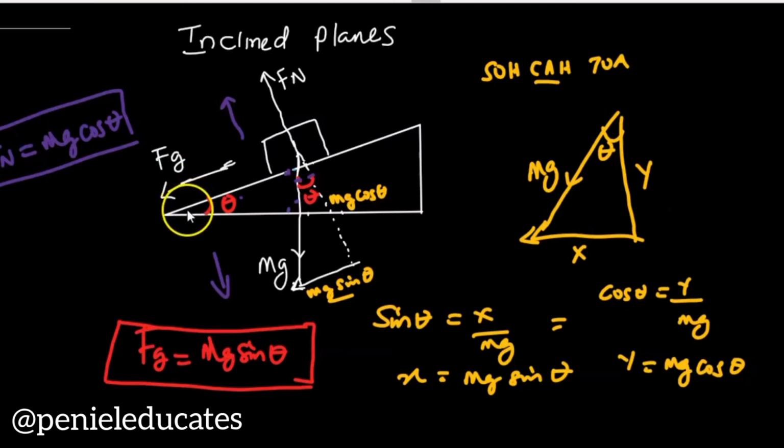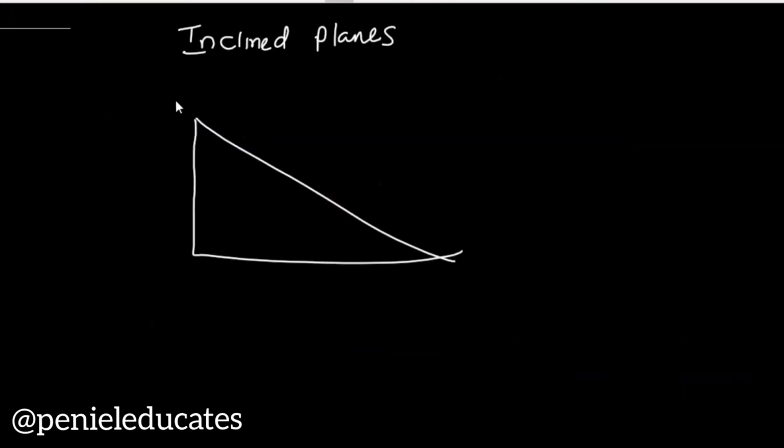Now let's look at blocks on a frictionless inclined plane. Let's say we have a box seated on an inclined plane, and now we're looking at a frictionless inclined plane.